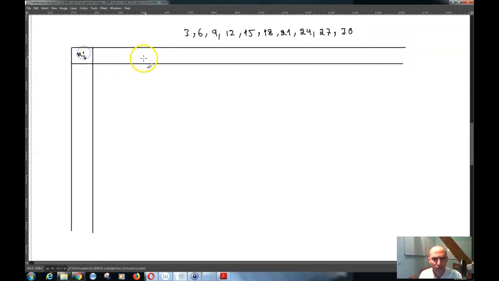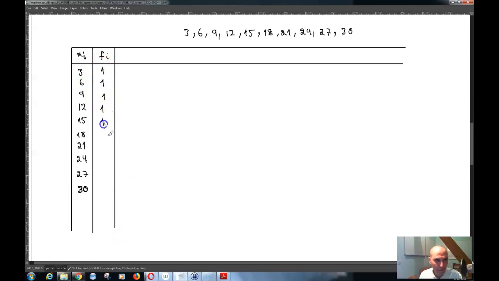And then they are 3, 6, 9, 12, 15, 18, 21, 24, 27, and 30. And the f of i related to these are all ones. I don't think you really need to write them, but let's see if that's actually required or not.